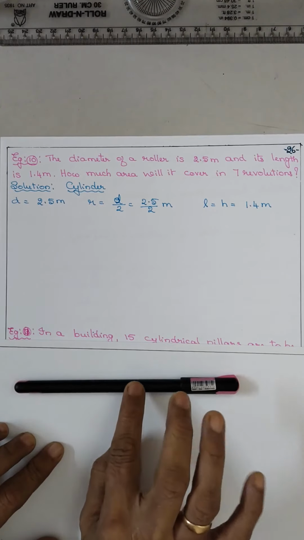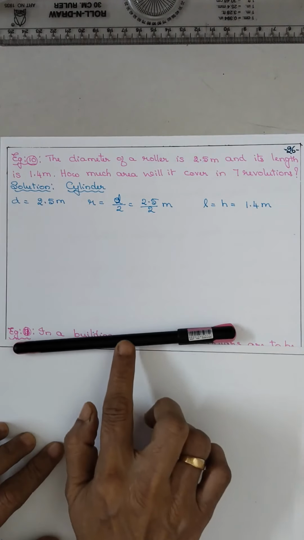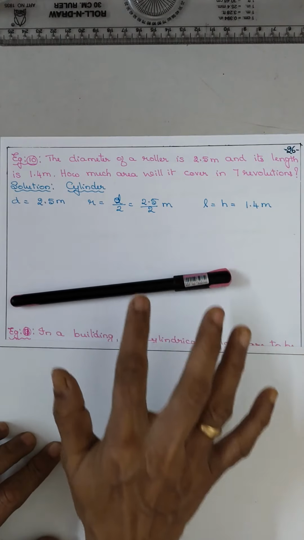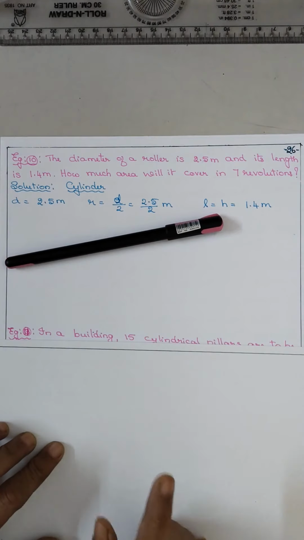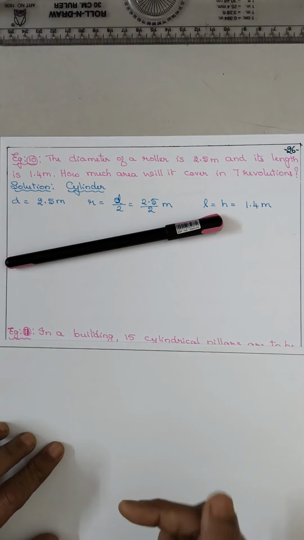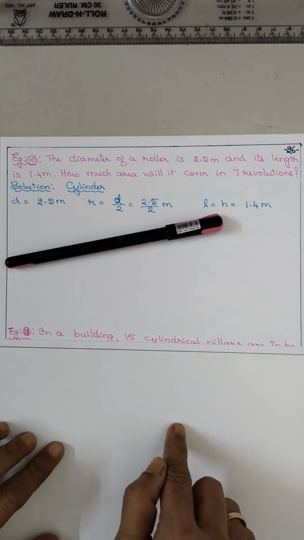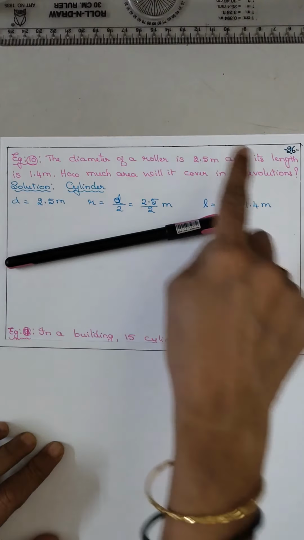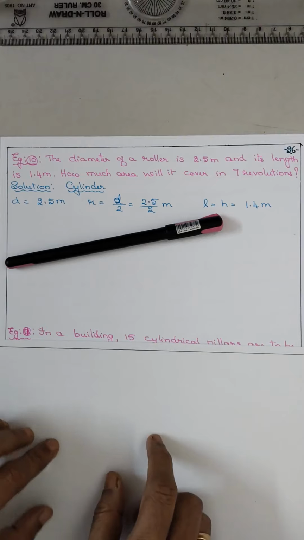Now it is 1, then 2, then 3. Like this, 7 revolutions. How much area will it cover from the first position till 7 revolutions? That we have to find out.